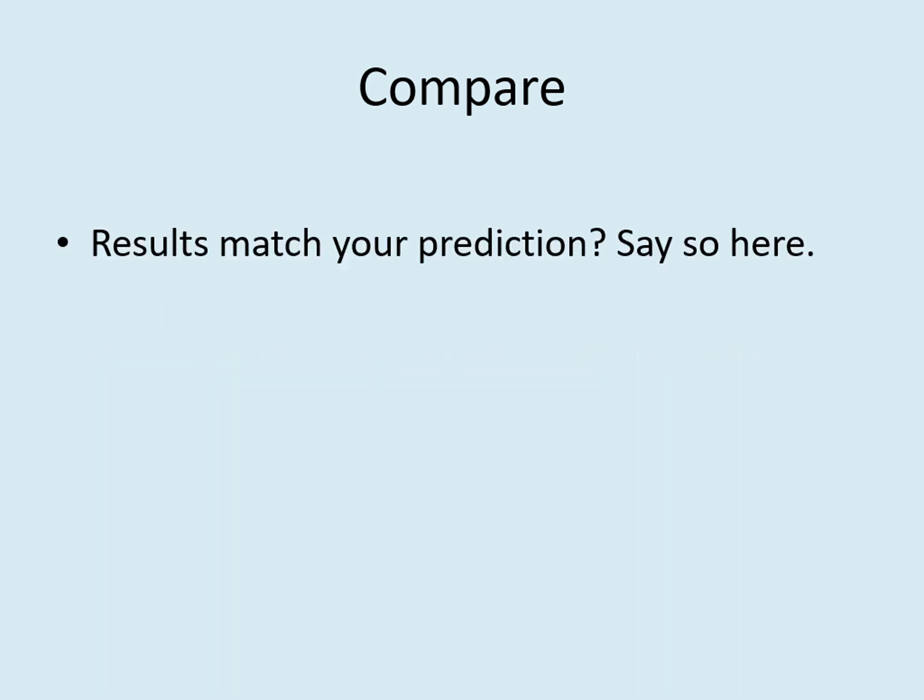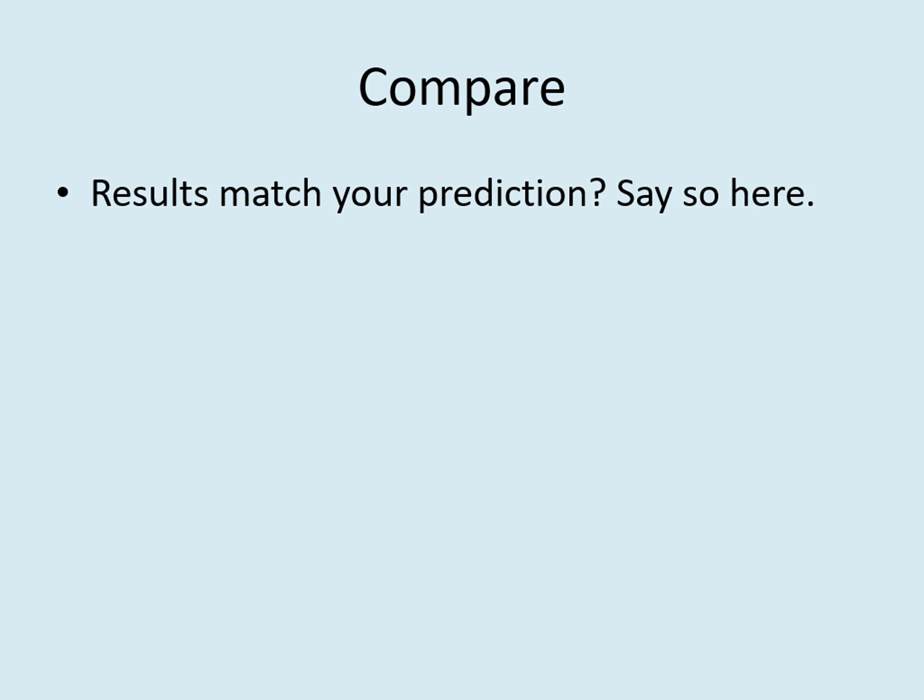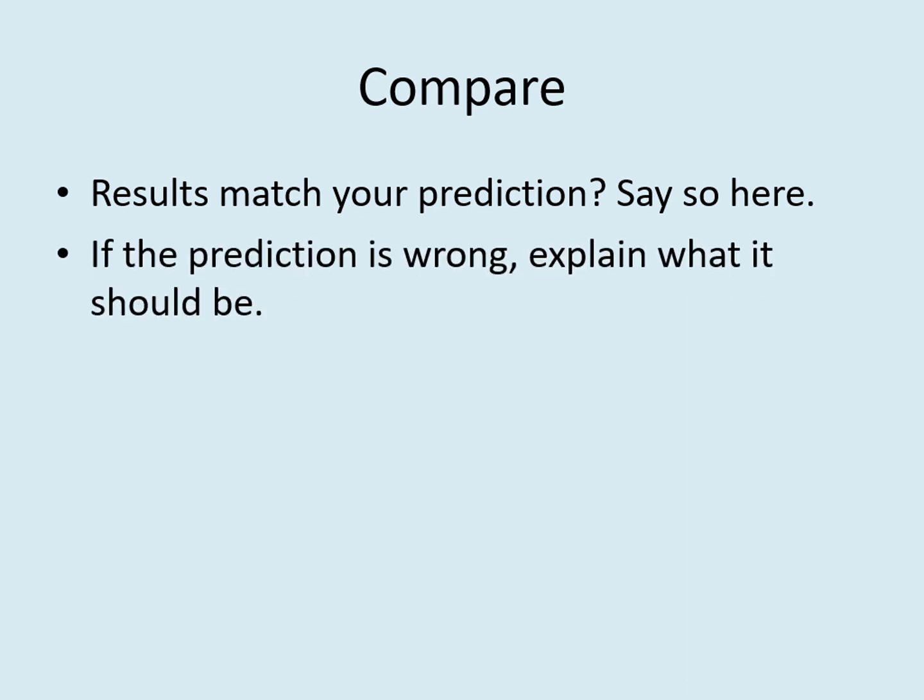If so, say so here. If not, decide if the error is in the calculation or the prediction. If it's the prediction, explain what you should have predicted. One way to tell if the problem is with the calculation comes from looking at the values you're getting. Since you're working with outer solar system planets, the temperature should be a lot cooler than the Earth's surface.